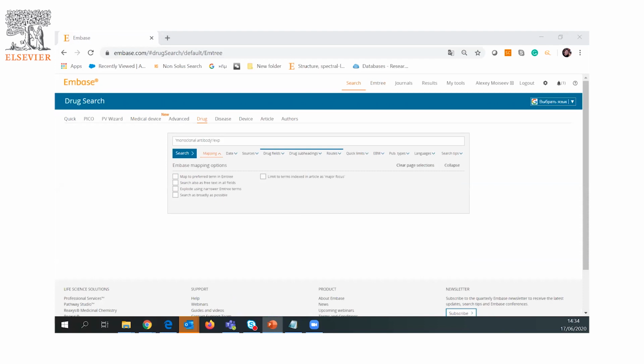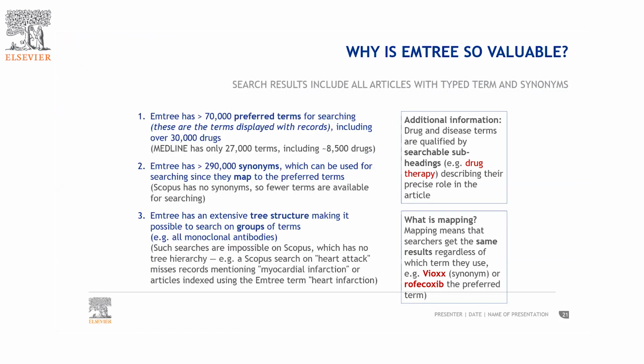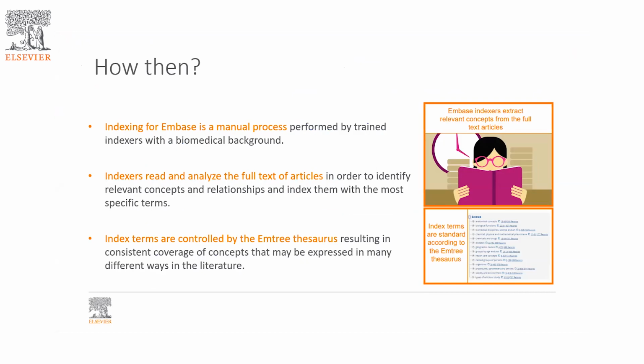Let's go back to our slides. As I was telling, this Embase indexing is a manual process performed by trained indexers with biomedical background, and if an article is not in English, a native speaker reads it and indexes the information and makes it in English.